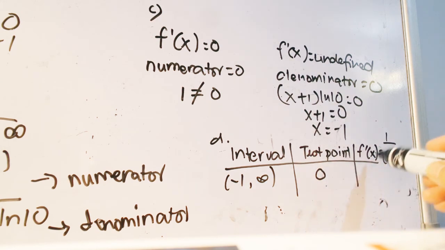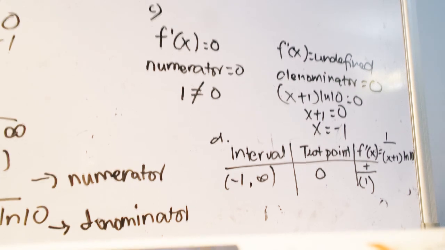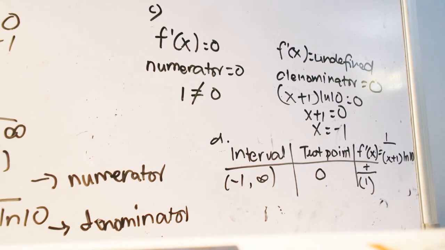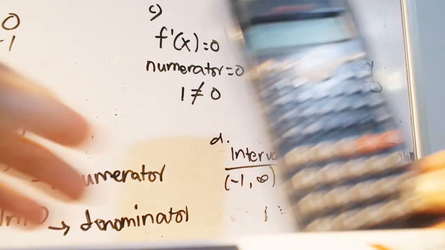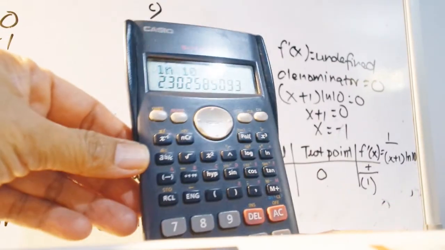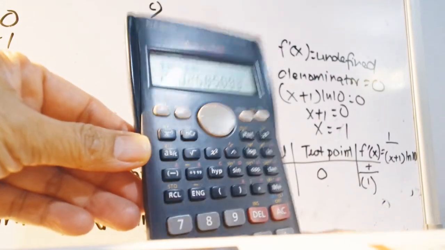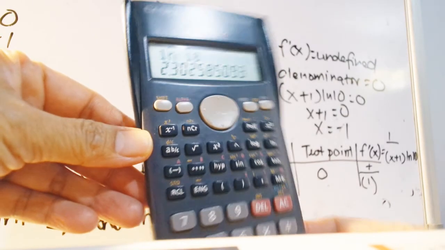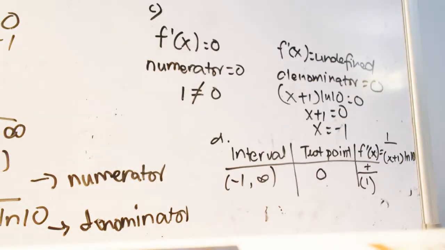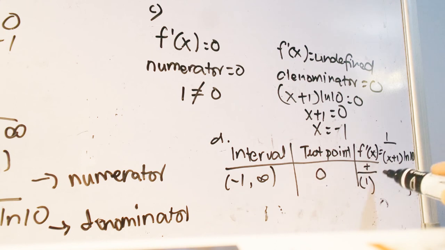The numerator is a 1, so it's a positive value. 0 plus 1 is 1. Ln 10, if you have a calculator, ln 10 is 2.3. 2.3 is positive.